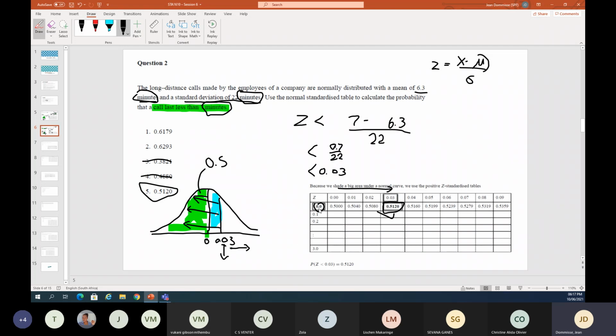So the first number goes down to 0.0, the second number goes across to the 0.03, and there is the number that you're looking for: 0.5120. So perfect, option 5. Okay, does that now become a bit clearer from the first one to the second one?